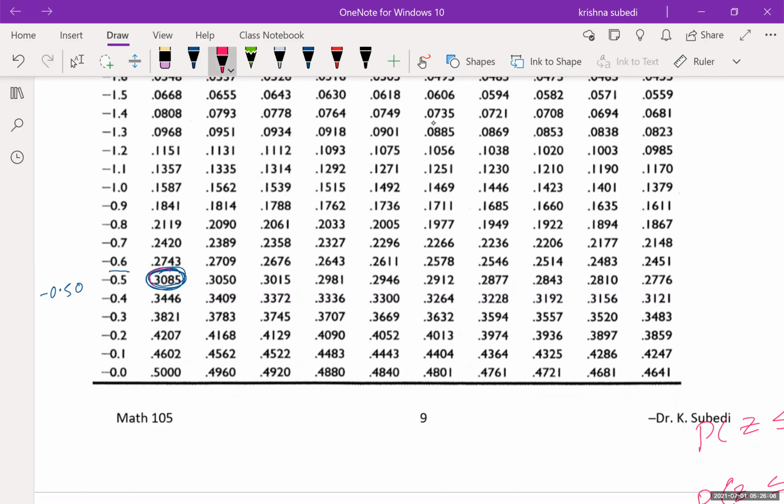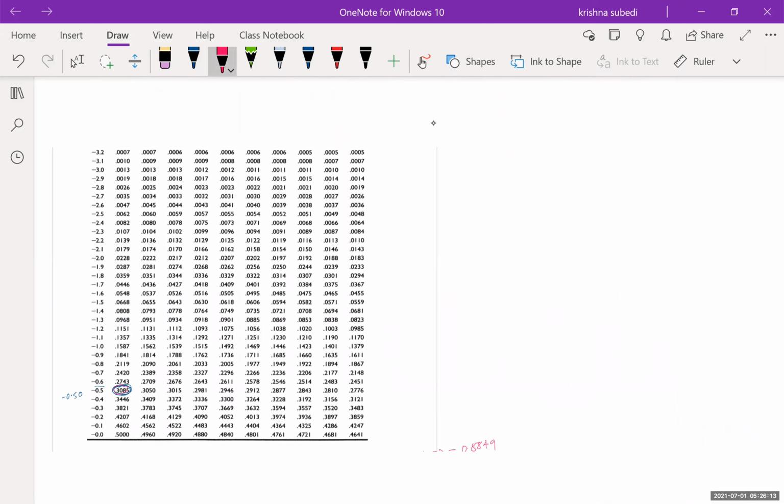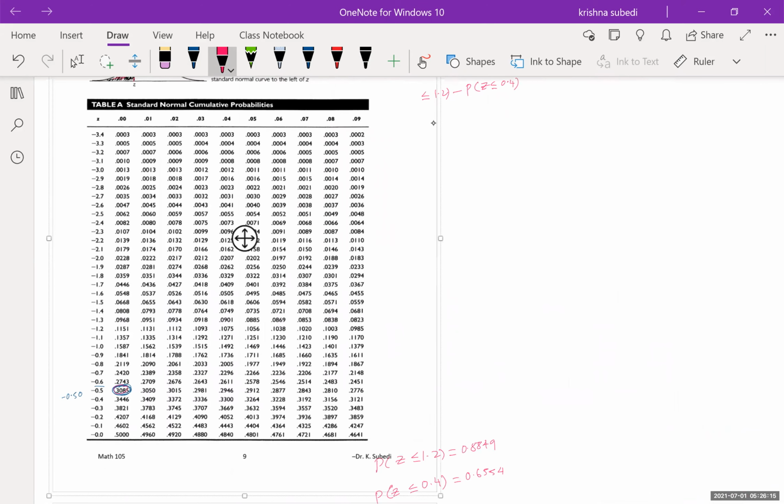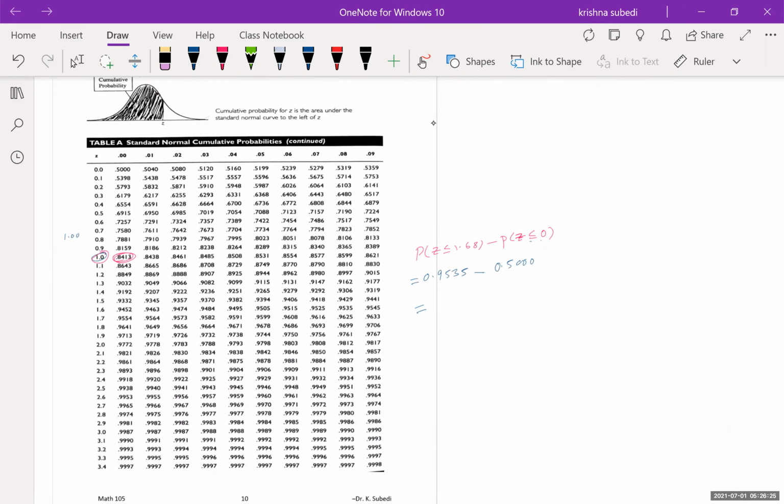And another value we are looking for is positive 1.2, which means 1.20. So that's the value. I think we have already done this before. Anyway, so 0.8849. Okay, let me write this down.